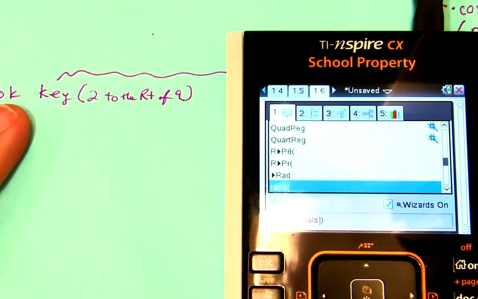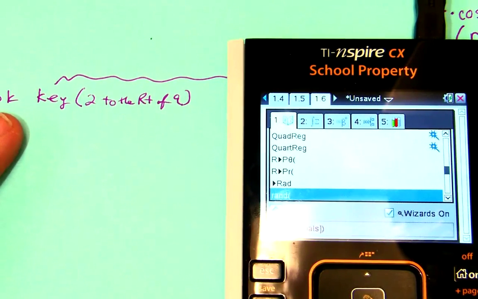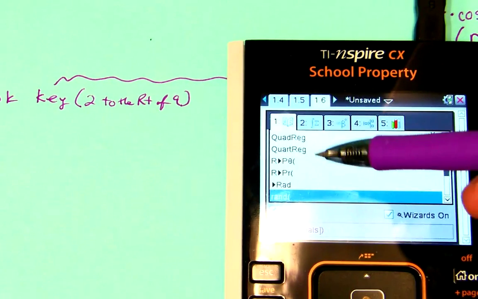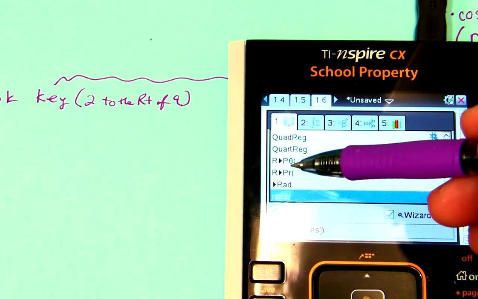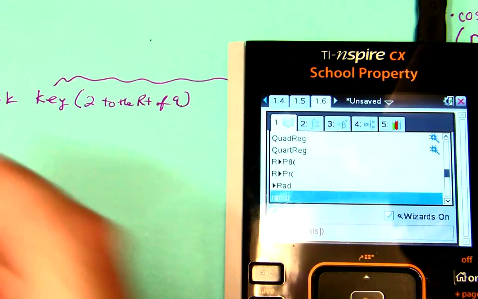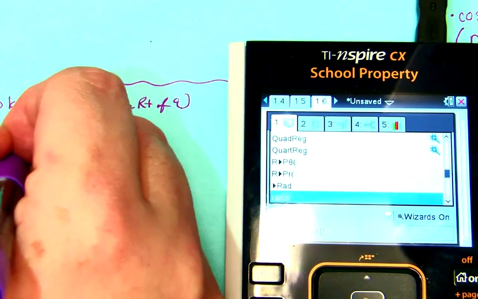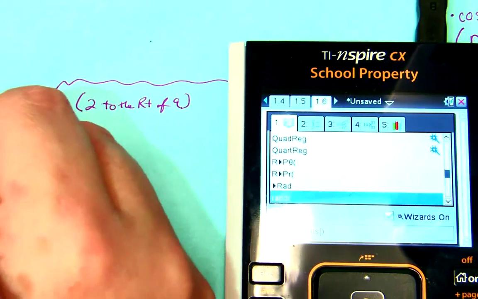Make this work a little bit. We have 2 right here. These 2 right here. R, arrow, P, theta, then parentheses.